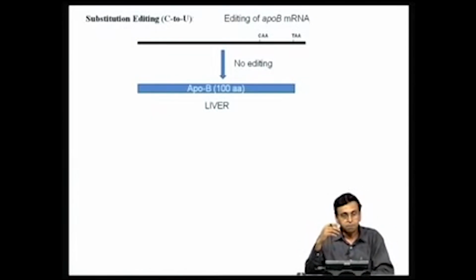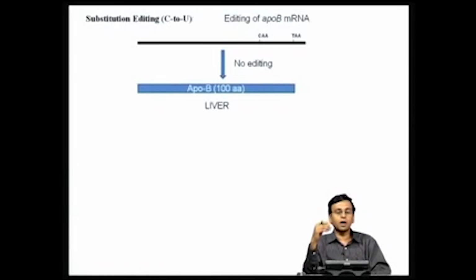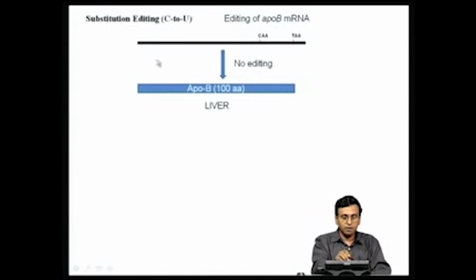For example, there is a gene that codes for a protein called apolipoprotein B, abbreviated as ApoB. Now, if you look at this apolipoprotein B gene, there are two sequences which are highlighted here. One is CAA, another is TAA.